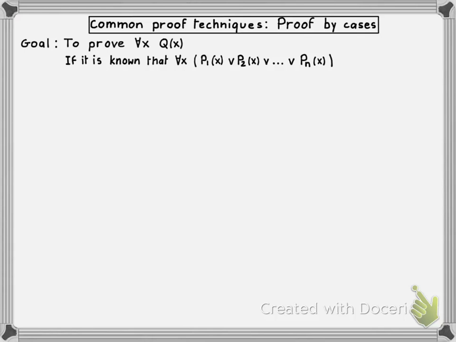So if we have this additional information, and by the way, it must be the case that the domain of x here is the same universe or the same domain as for this original theorem we're trying to prove, then we can use this extra information to perform a proof by cases of the theorem.